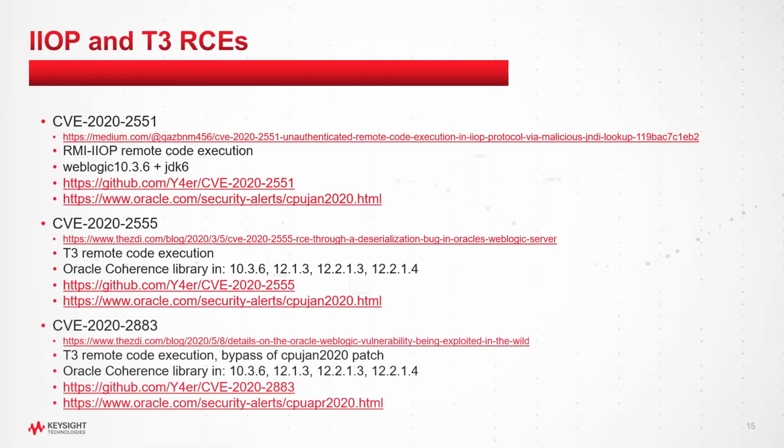2022-555 and 2883 are remote code execution vulnerabilities that target the Coherence library and deliver a rogue serialized object through the T3 RMI protocol. So 2883 is just a bypass of the fix for 555.